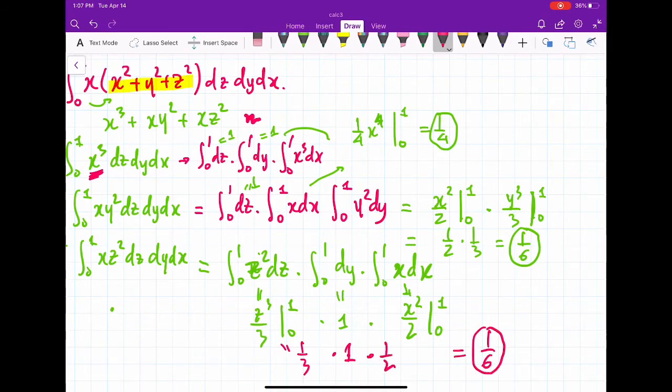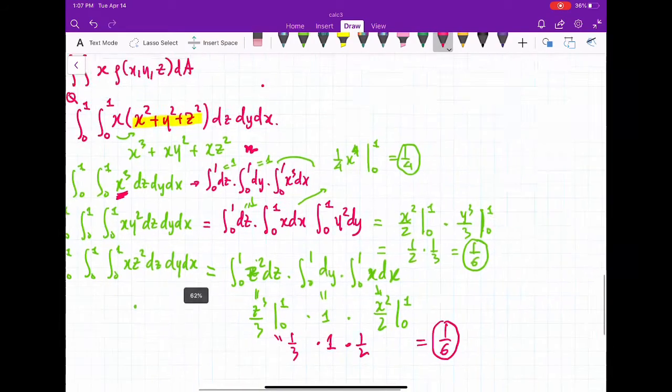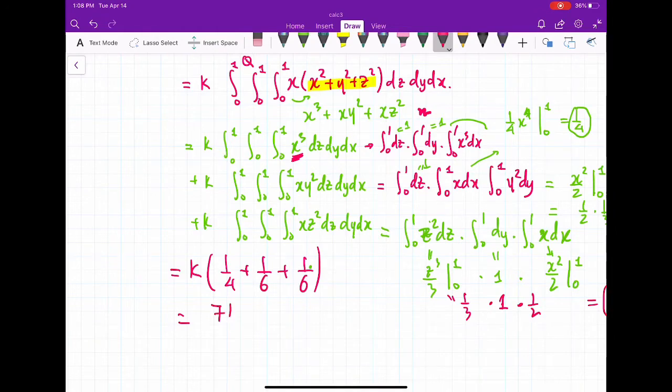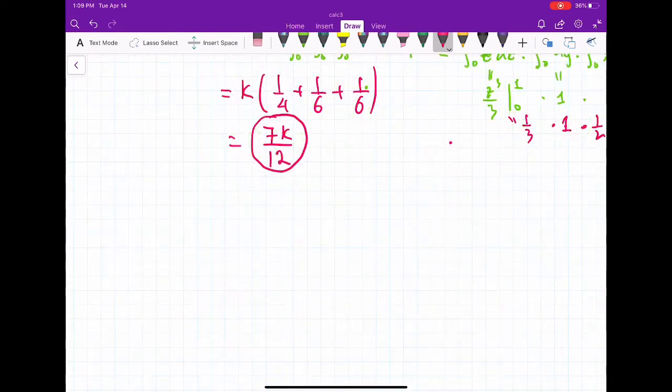Overall, your integral is equal to k times 1/4 plus 1/6 plus 1/6, which is 7k over 12. And this is the moment with respect to the yz plane.